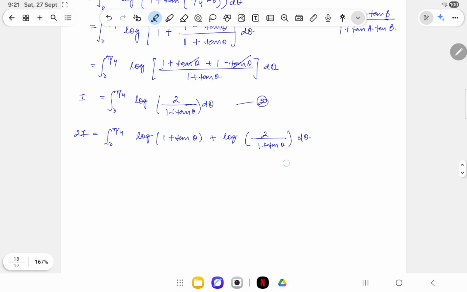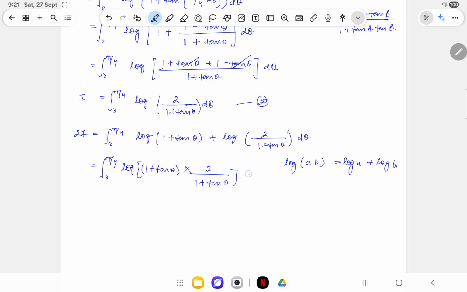And we know that log holds a property that log of a into b is the same as log a plus log b. So it reduces to integration 0 to pi by 4 log of 1 plus tan theta into 2 divided by 1 plus tan theta d theta.